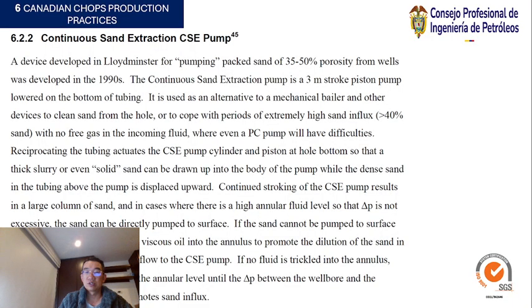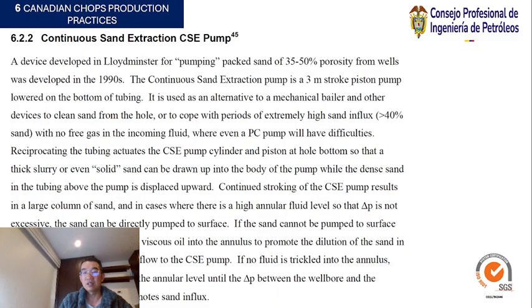Continued stroking of the CSE pump results in a large column of sand, and in cases where there is a higher annular fluid level so that delta P is not excessive, the sand can be directly pumped to surface.